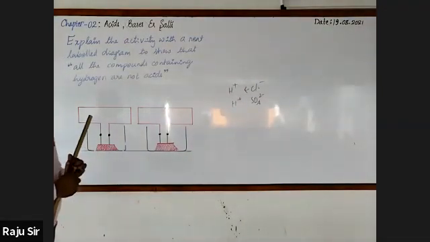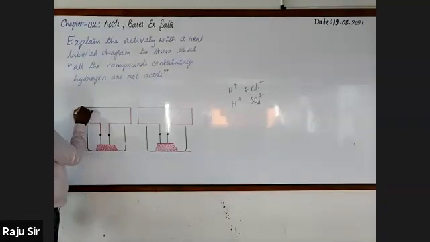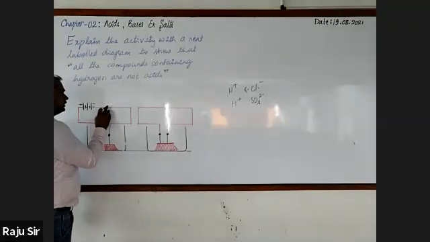Draw the switch, the bulb, and also the battery. Here draw the battery. This is the positive terminal and this the negative terminal. Here I'll draw the bulb.